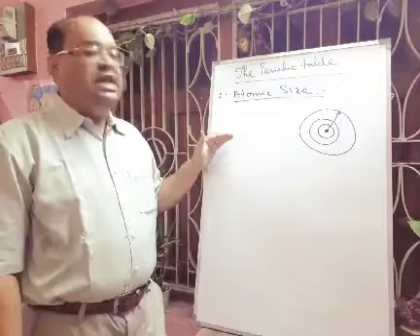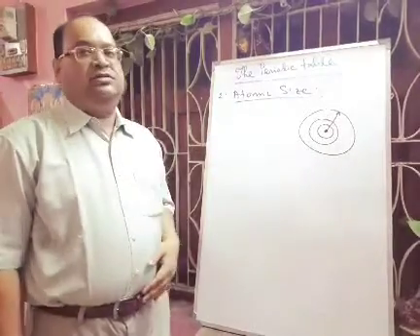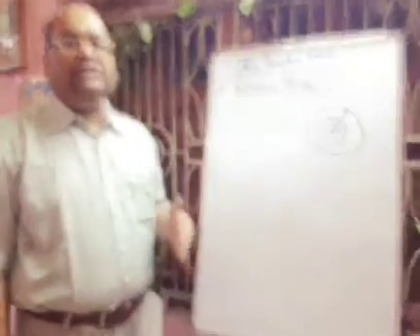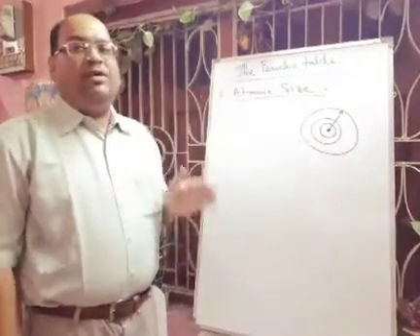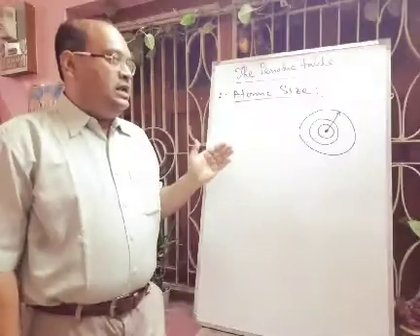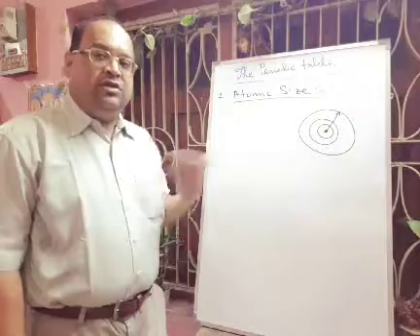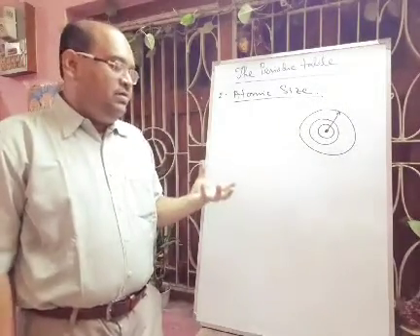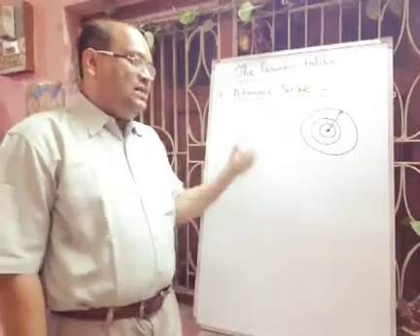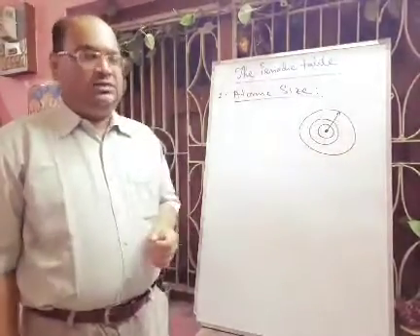And in a period, when we are moving from left to right, the atomic size or radius decreases. Why? Because the shell remains the same but the nuclear charge continuously increases. So the outermost shell will feel more attraction towards the nucleus, and definitely the size will decrease.